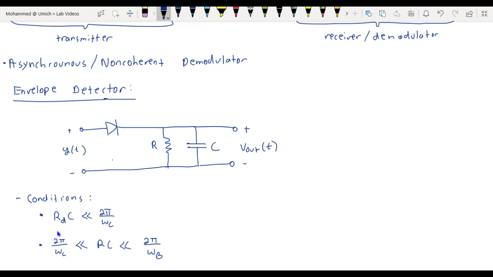And then second, 2 pi over omega c is much less than RC, which is much less than 2 pi over omega B. So the response time of the envelope detector circuit when the p-n junction diode is reverse biased is much longer than the period of the carrier, but much faster than the rate at which the envelope changes.